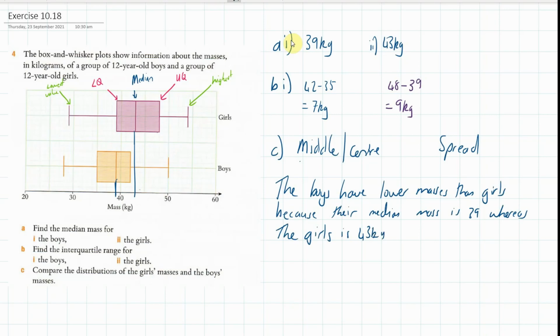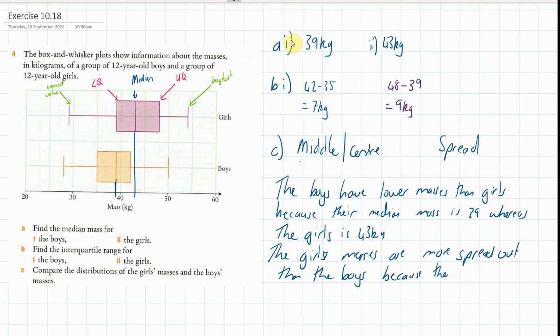Now, secondly, the girls' masses are more spread out than the boys, because their interquartile range is 9, whereas the boys is 7.